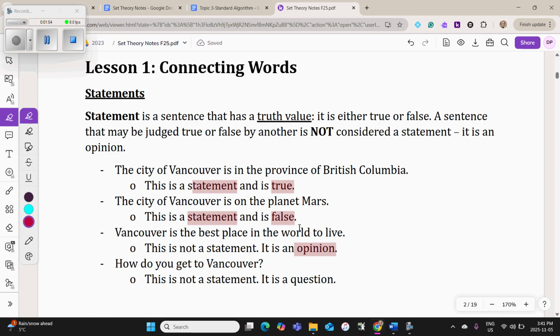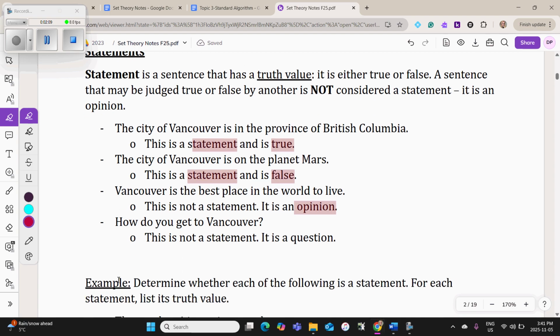So on your assignment, it'll ask you for which ones are statements and which ones are not, and only assign the statements with truth values. Okay, the last one here says, how do you get to Vancouver? This is also not a statement, it's a question because it does not have a truth value.